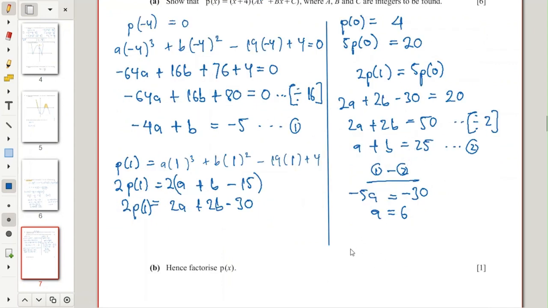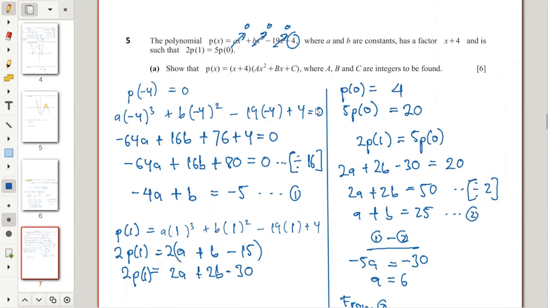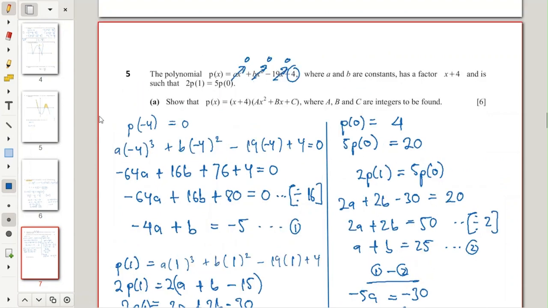From equation 2, if a is equal to 6, then b will be 25 minus 6, which is 19. All right. So yeah, hey, we are not done. They say we should show that p of x equal to this. What I've done is I've found the values of a, b.